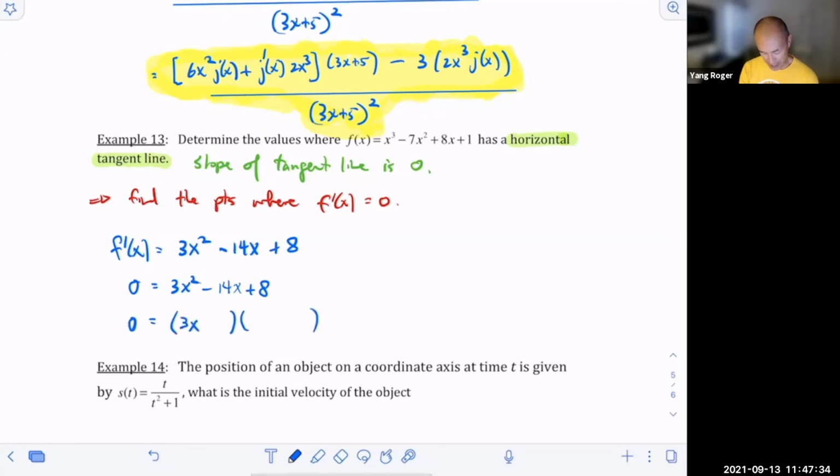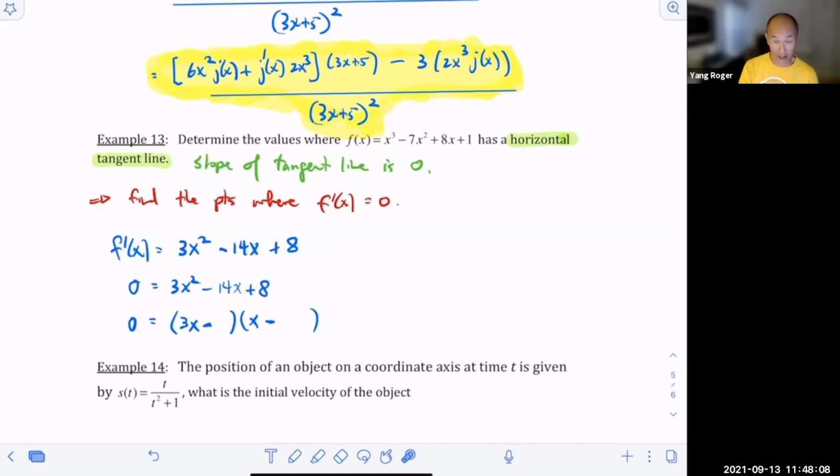So one of them should be 3x and the other one should be x. I know that when I multiply the last two guys together, I should get a positive number. But when I add the middle, the outside and the inside together, I get a negative number. So that means that this should be a negative and that should be a negative. And then I just got to find the right combination of numbers that multiply together to give me 8. So that when I FOIL, I'm going to get a negative 14 in the middle.